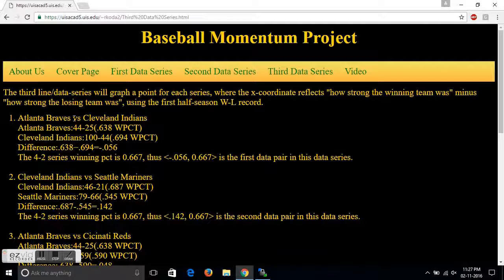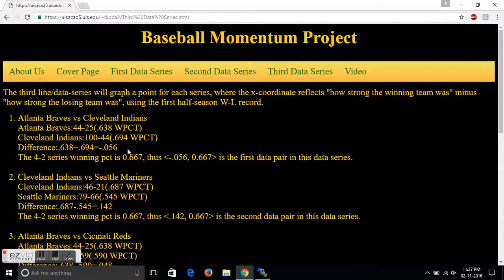That is, when we consider a match between Atlanta Braves and Cleveland Indians, Atlanta Braves was the winning team. So we take the winning PCT of Atlanta Braves for the half season, whereas for Cleveland Indians we take the winning PCT for the overall season and calculate the difference.